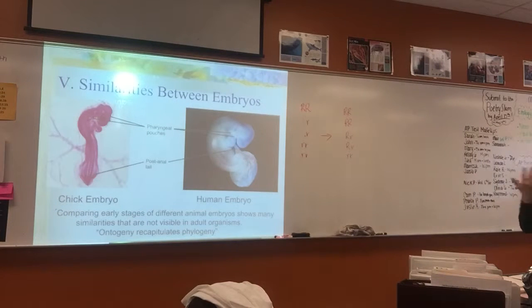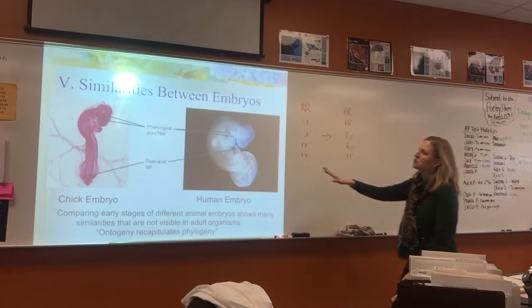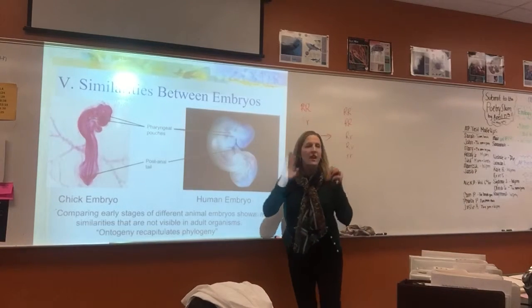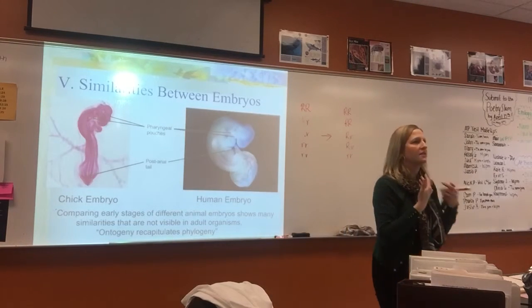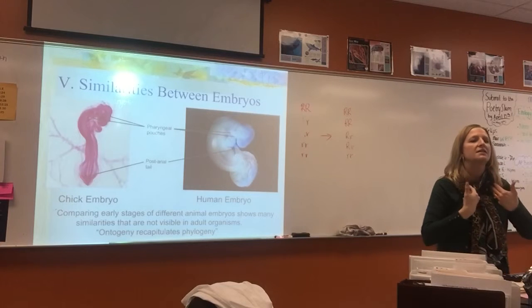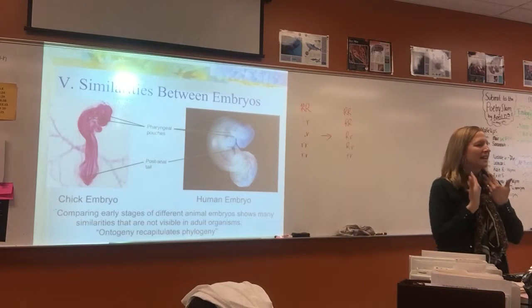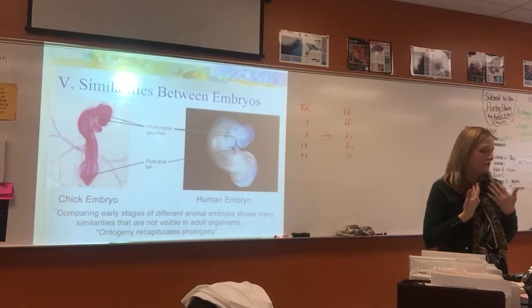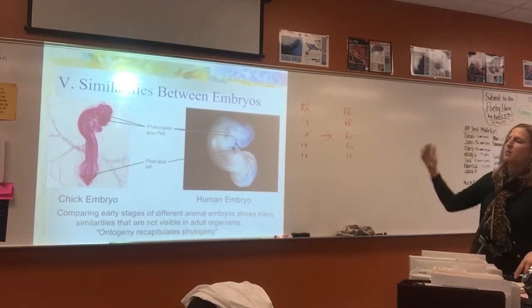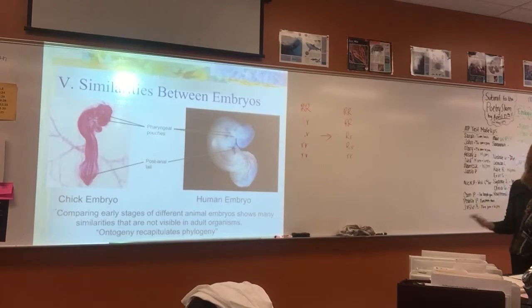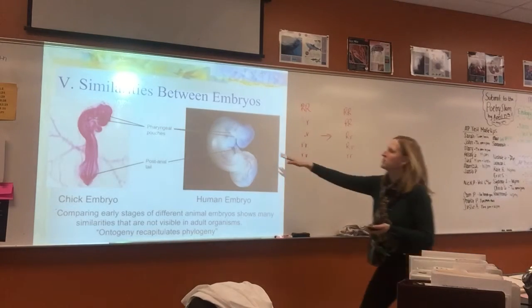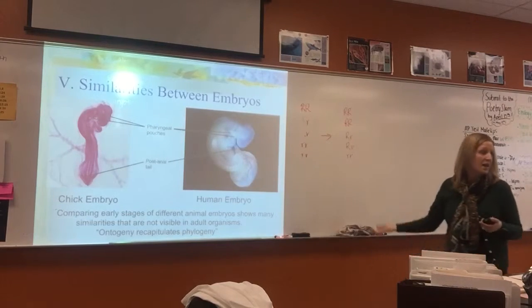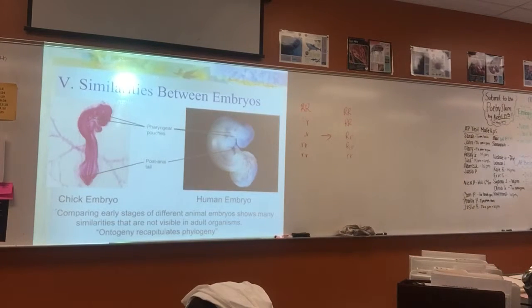They go away as we develop, and these pouches develop into certain parts of the endoderm of the inside of your neck, up through the tonsils, the middle ear, and so on and so forth. So they develop differently, but they're both present in different organisms, and the end result is different. We do not have a tail eventually as we continue to develop, but we do at some particular point.